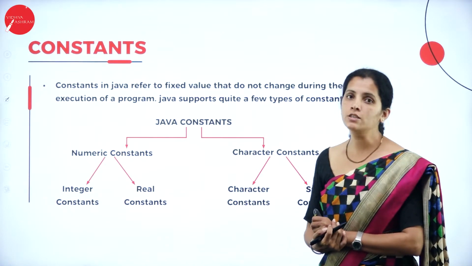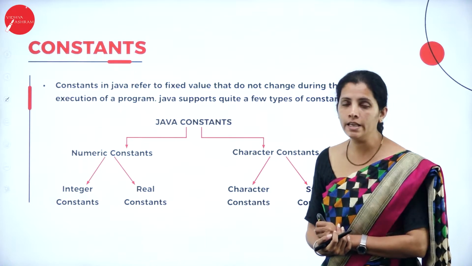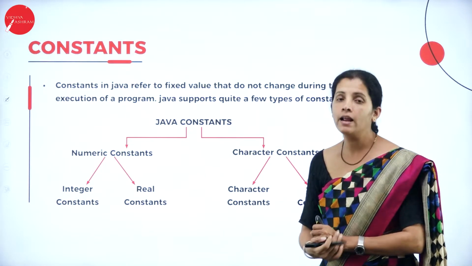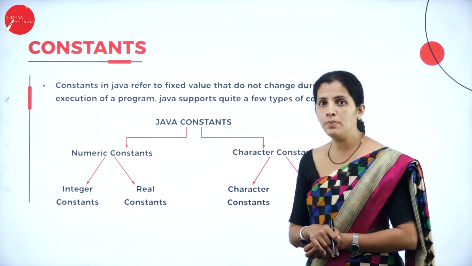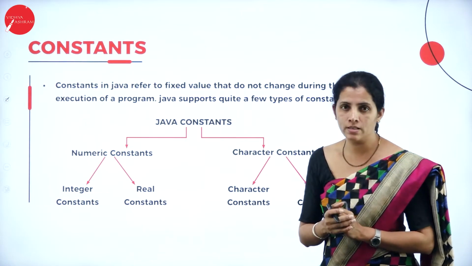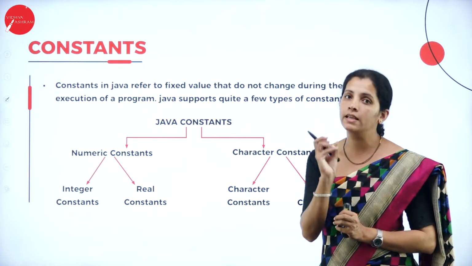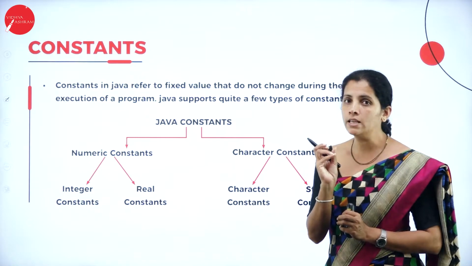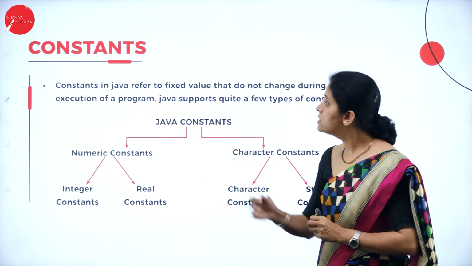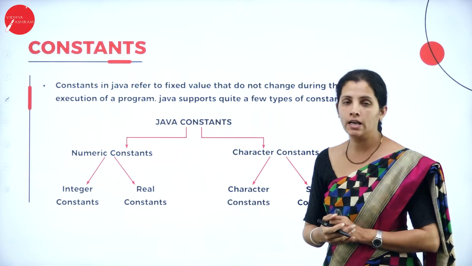So, what is constant? Think that in my hand, I'm having 10 rupees. How many rupees? I have 10 rupees. So this 10 is nothing but a constant value. So dear student, Java supports constant value declaration.